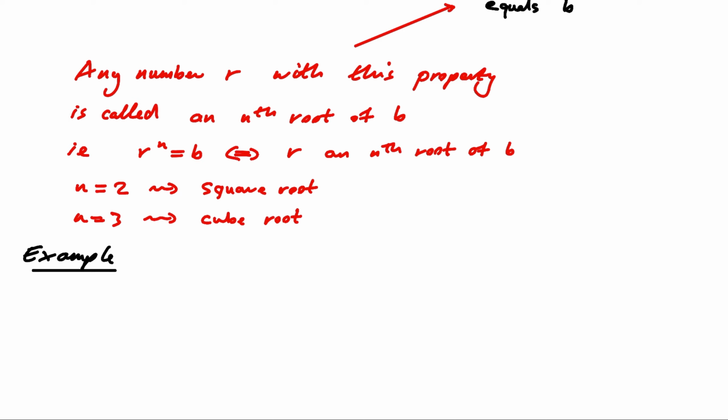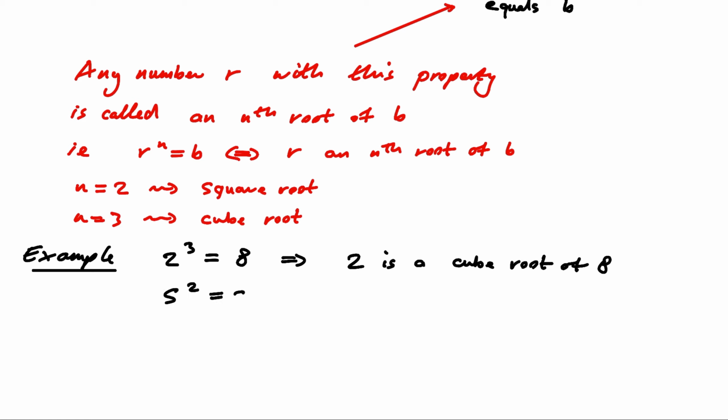Example. Well, notice that 2 to the power 3 is equal to 8. So that implies that 2 is a cube root of 8. Another example, 5 squared is equal to 25.